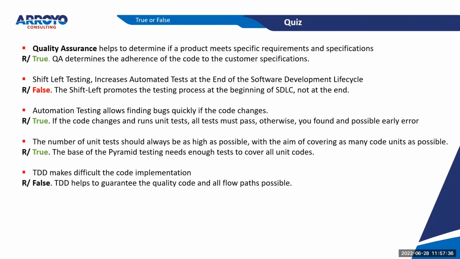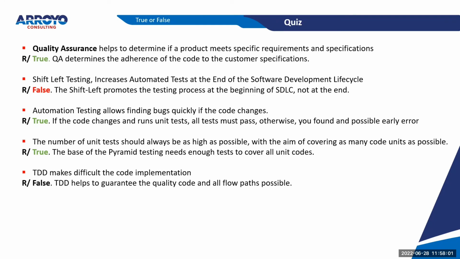Okay. Shift left testing increases automated tests at the end of the software development lifecycle. That is false. The idea is that shift left promotes the testing process at the beginning of the software lifecycle, not at the end. Automation testing allows finding bugs quickly in code changes.